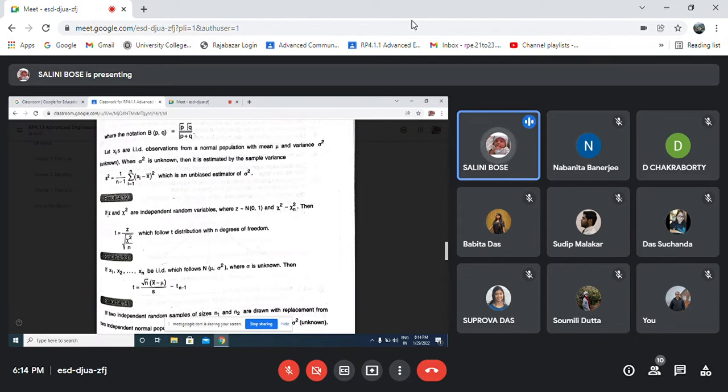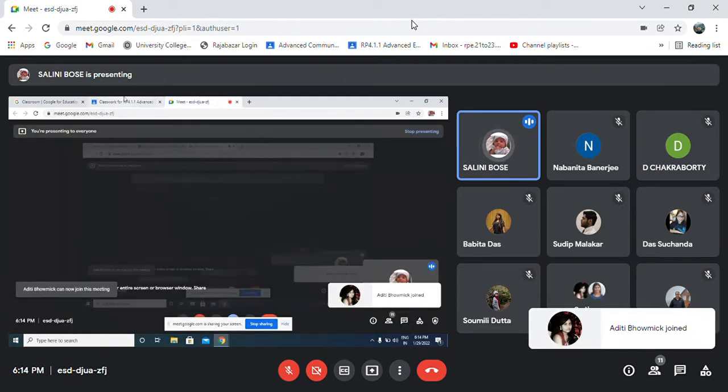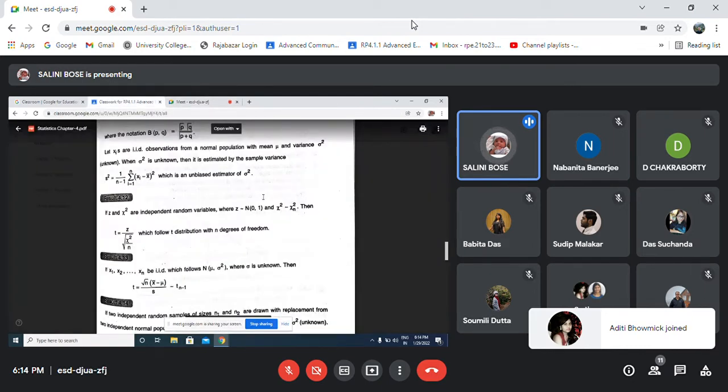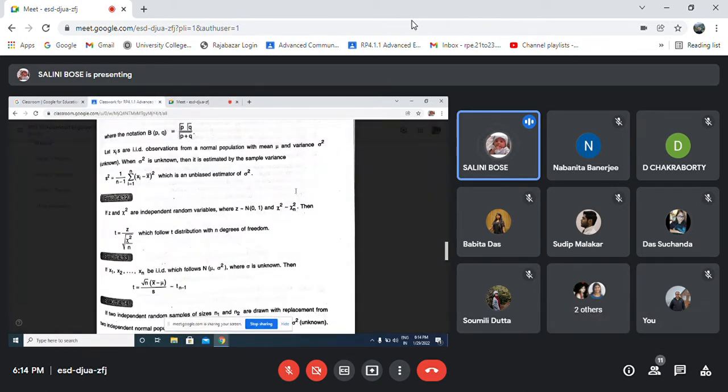When z and chi-square are independent random variables, where z follows the normal distribution with mean 0 and variance 1, because z is the standard normal variate, and chi square follows chi n square, that is, the sum of n z squares, then t will be equal to z by root over (chi square by n).